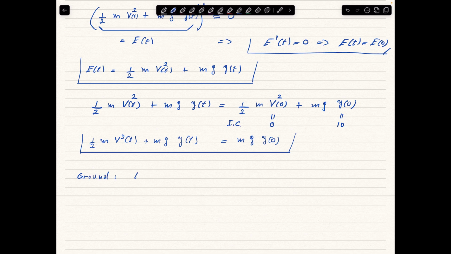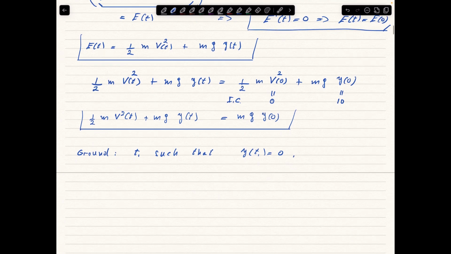That means T1 such that obviously y at T1 is 0. We are at the ground. So the equation we have for V1 is 1/2 the mass, the velocity squared at the ground, plus 0 has to be the mass, acceleration of gravity, initial position.